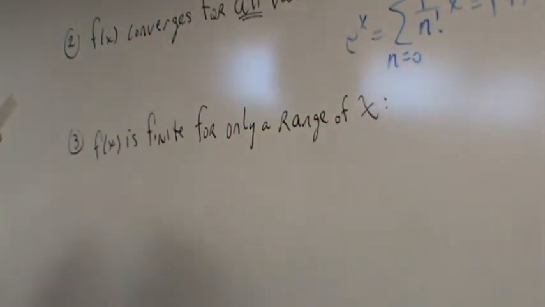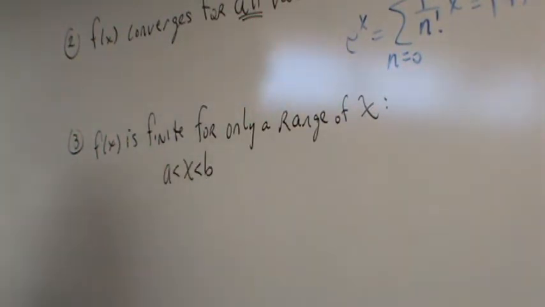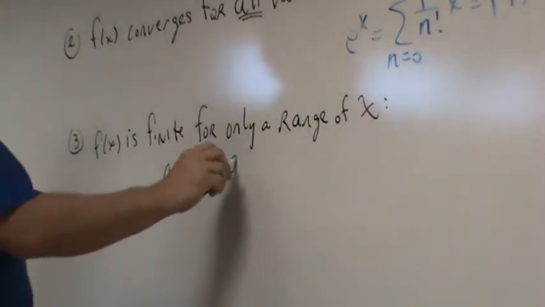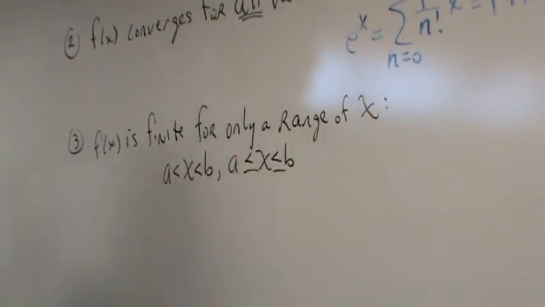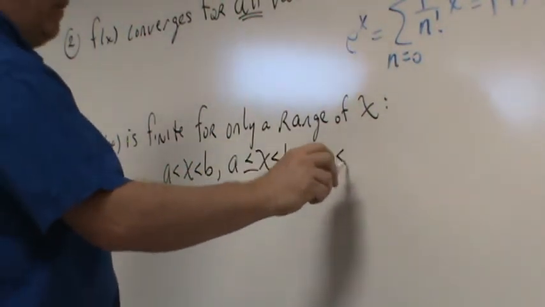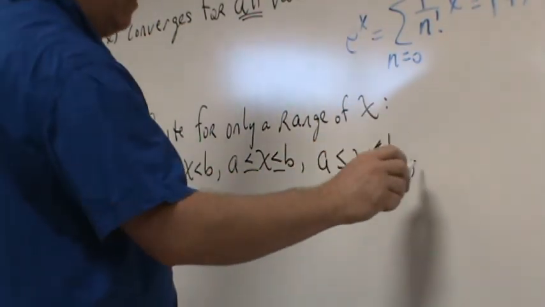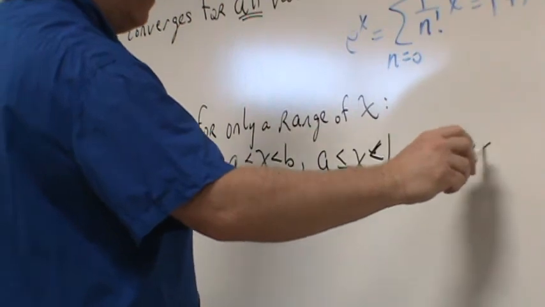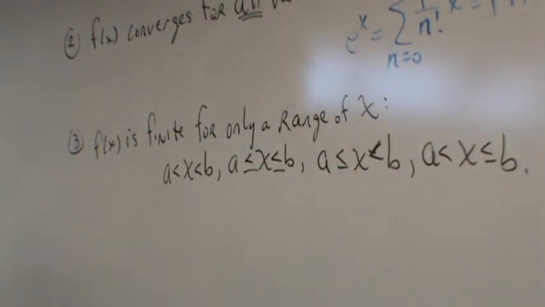And that range could be x is between a and b, but not including a and b, or x is between a and b, but includes both a and b, or just one of the endpoints work. And you're going to have to decide which of these 4 it is by checking the endpoints, which I'll teach you about on Tuesday. Yes, Tuesday, because our quiz is Wednesday.